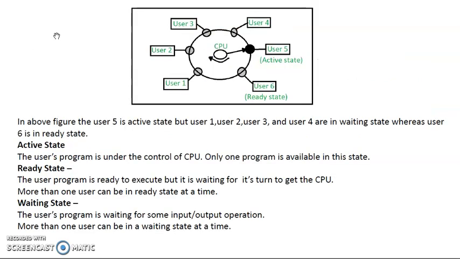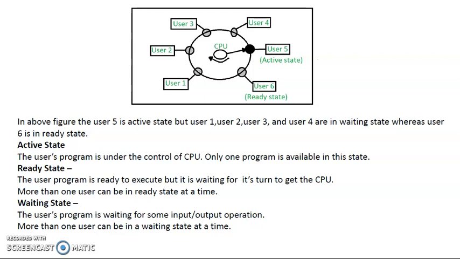You can see the time sharing concept with the help of this diagram. In this diagram, there are 6 users present. User 5 is in an active state, user 6 is in a ready state, and user 1, user 2, user 3 and user 4 are in a waiting state.